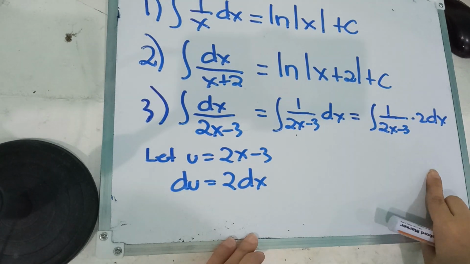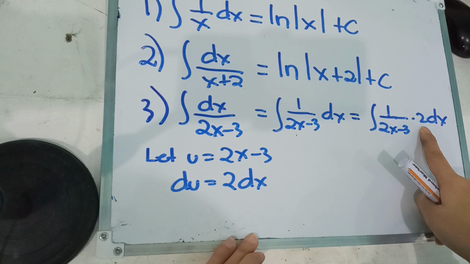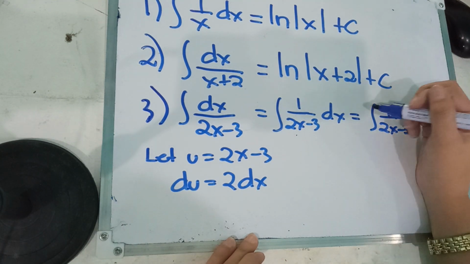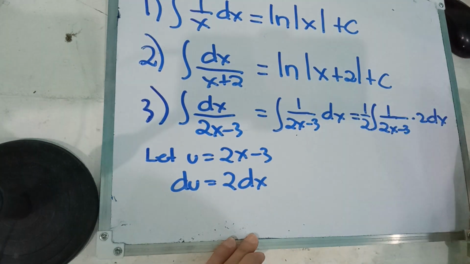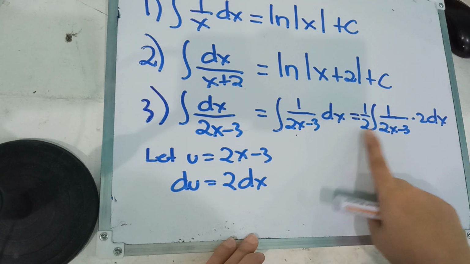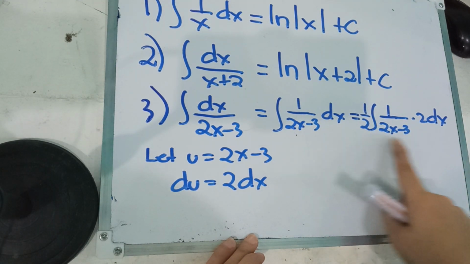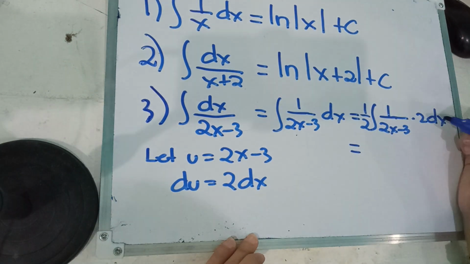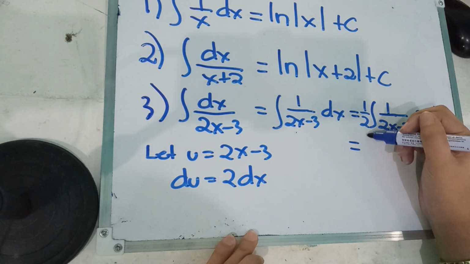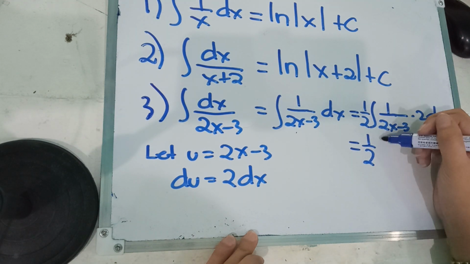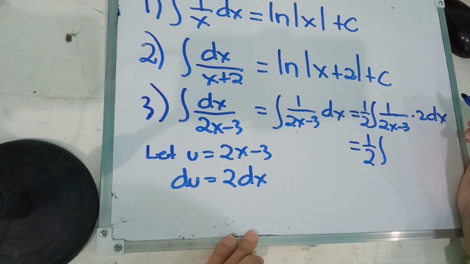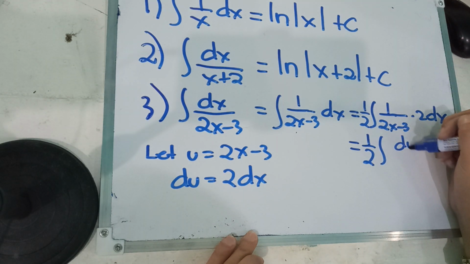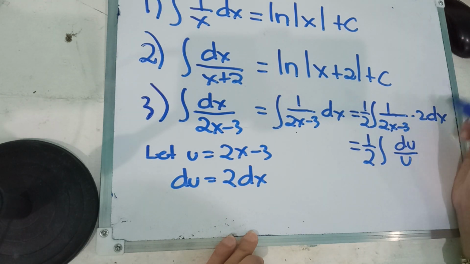Now, since we have transformed this one, we need to put 1/2 outside of the integral symbol so that we can offset 2, because 1/2 times 2 will still be equal to 1. So therefore, that is 1/2 the integral, 2 dx is du, over u, right?